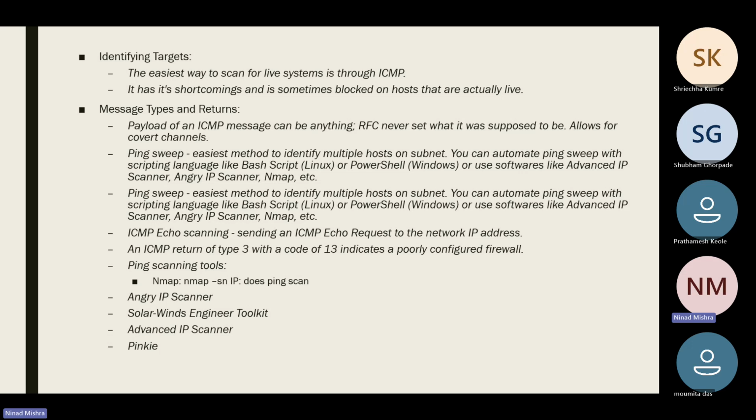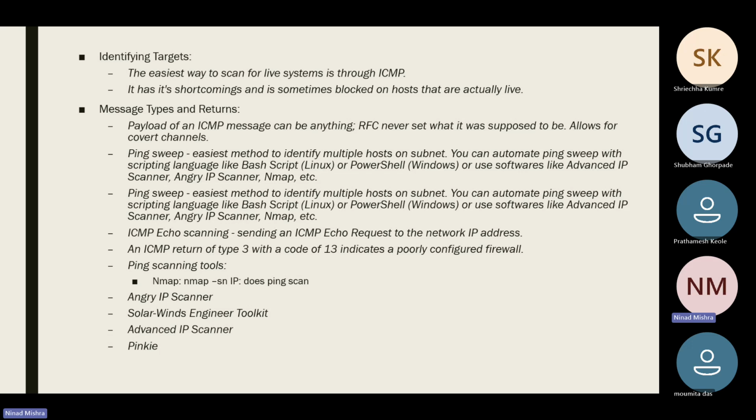The payload of an ICMP message can be anything. The RFC never specifies what it is supposed to be, which allows covert channels. A covert channel is basically a hidden path for the attacker.